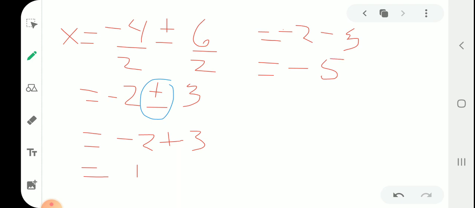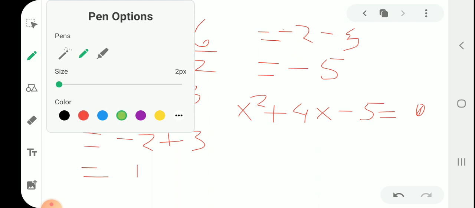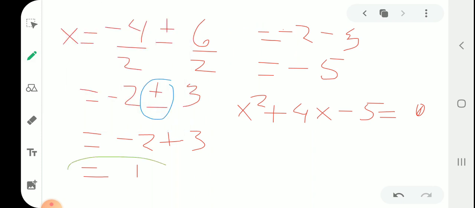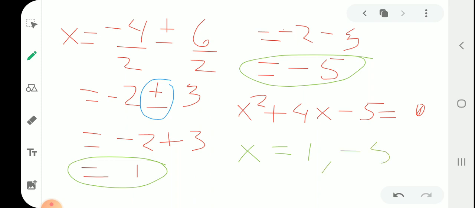So we now have the roots of the problem x squared plus 4x minus 5 equals 0. The roots are 1 and negative 5. So x is equal to 1 and negative 5.